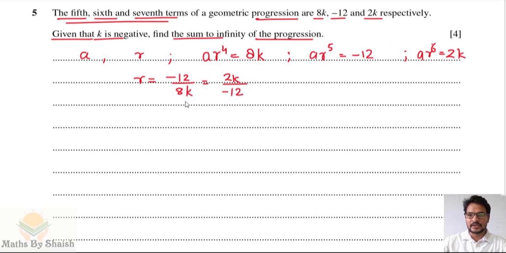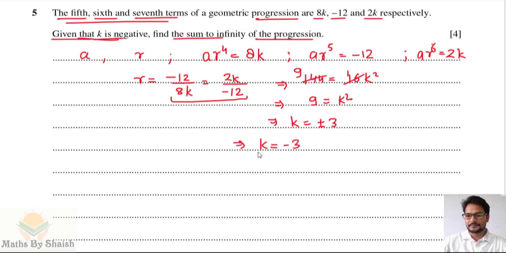First we'll take these two to get the value of k. Simplify, cross multiply: 144 is 16k square. So 9 equals k square, which means k becomes plus or minus 3. Since k is given as negative, k is only minus 3.